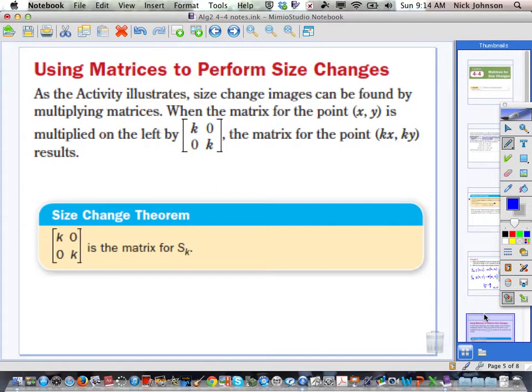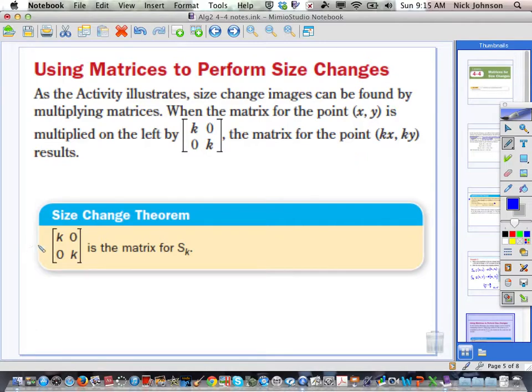Okay? Moving along. Using matrices to perform size changes. As the activity illustrates, size change images can be found by multiplying matrices. When the matrix for the point x comma y is multiplied on the left by the matrix k, 0, 0, k, the matrix for the point k times x, comma k times y results.